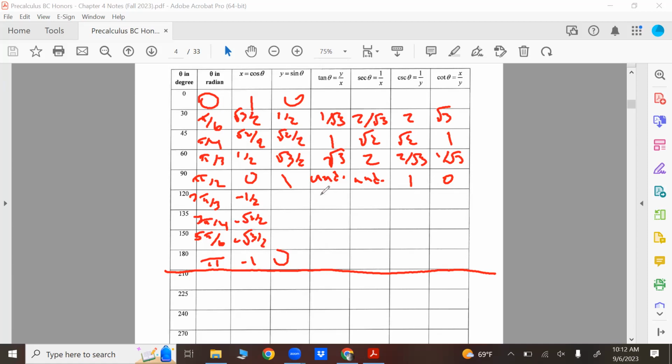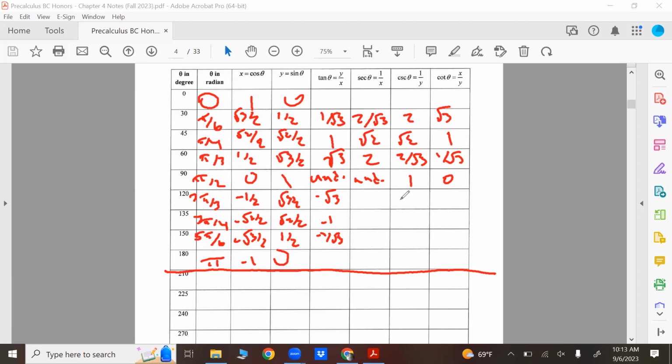And this will be negative √3/2. Nope, it's positive. My bad. √3/2, because symmetric, √2/2 and 1/2. Tangent changes sign though. Negative √3, -1, -1/√3.